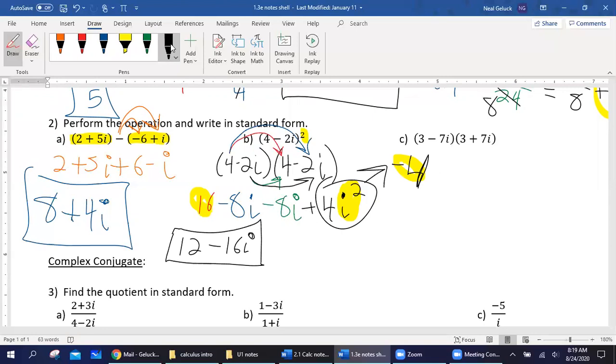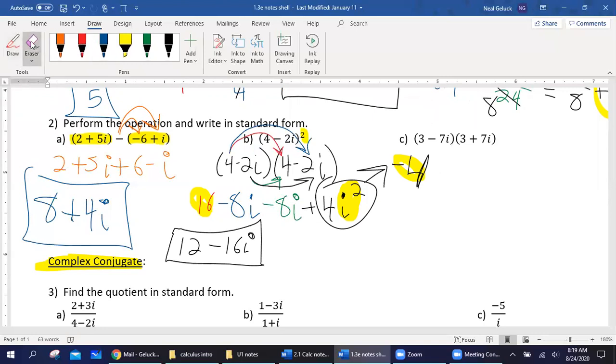Letter C is a kind of special case with multiplying. These two numbers are called complex conjugates, which we're going to talk about in just a second. A conjugate basically just means the sign in between is different. That's the only thing different.